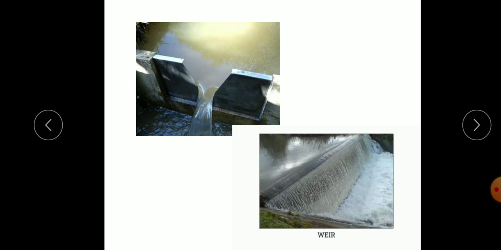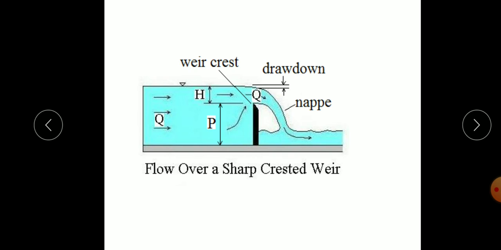So there are two types of flow measuring devices we can consider in open channels or free flow of liquid: the notch and the weir. Now we can see their parts. The bottom edge of the weir or notch is called the crest, over which the liquid flows.